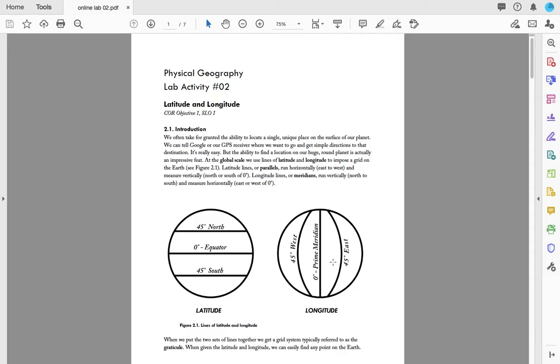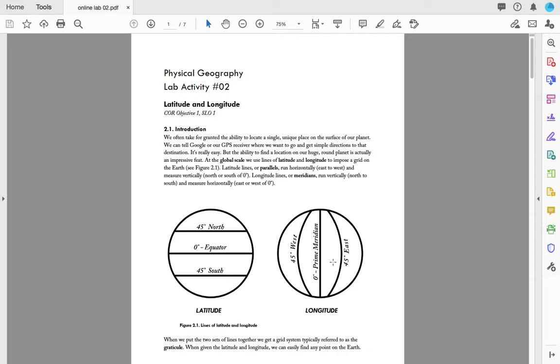And this one, it's kind of an arbitrary place. It runs through Greenwich, England. It's spelled like Greenwich, but it's pronounced Greenwich because the Brits. That's how it works. But it runs through there. And Greenwich is like a suburb outside of London, if you want to think of it that way.